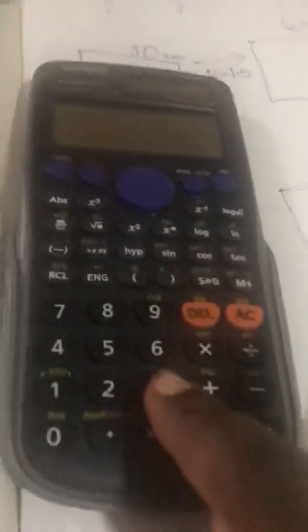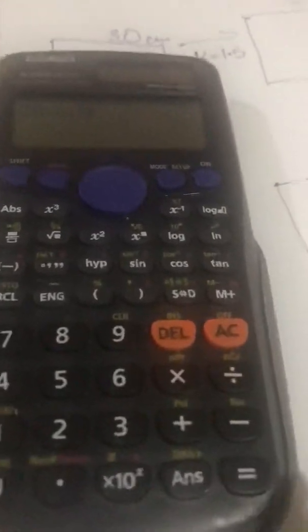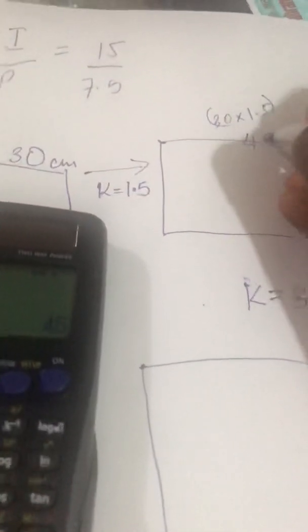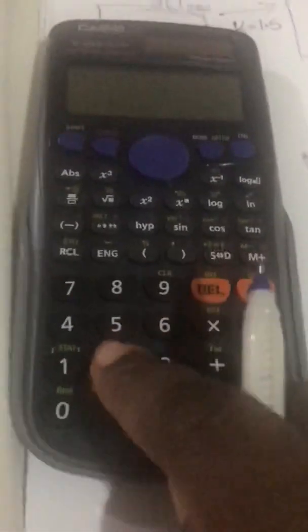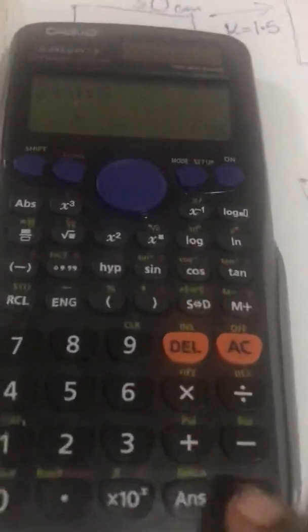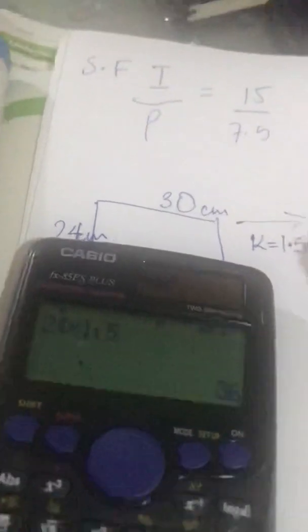What is my answer? 45. So here is 45 centimeter. Then we do 24 times 1.5, 36 centimeter.